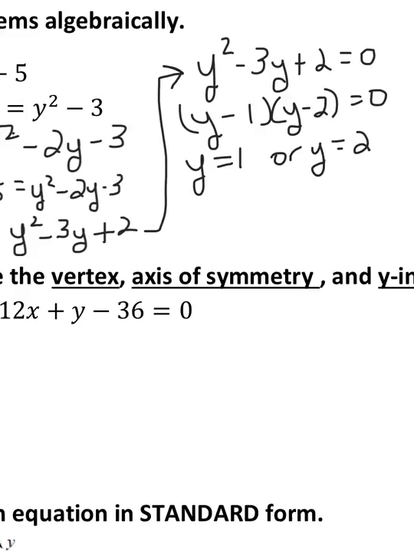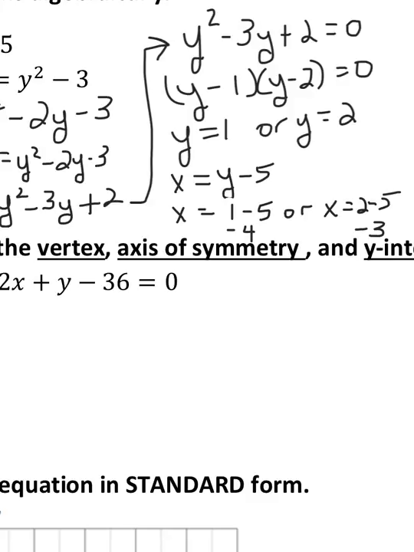Now I need to get my x value, and I'm going to do that by plugging it back into one of the equations from my original problem. I'm going to use the linear one because it's a little bit easier to do, but you can use either one, it doesn't matter.